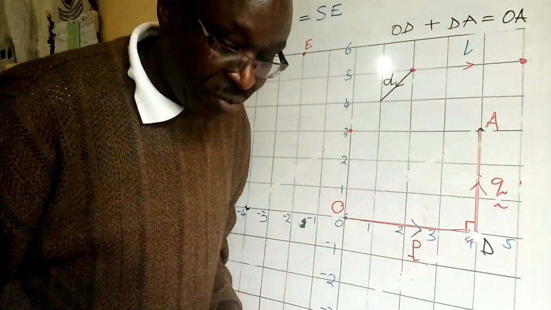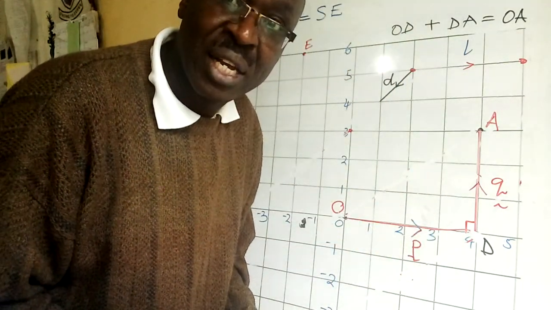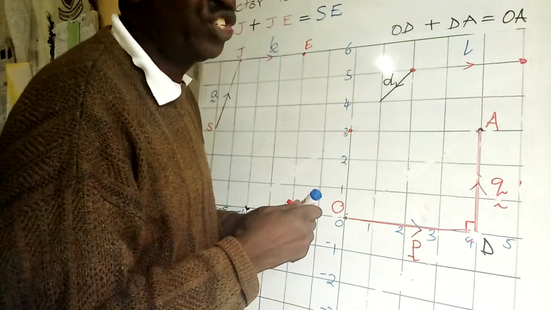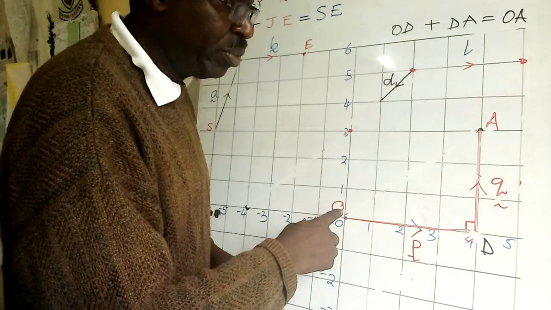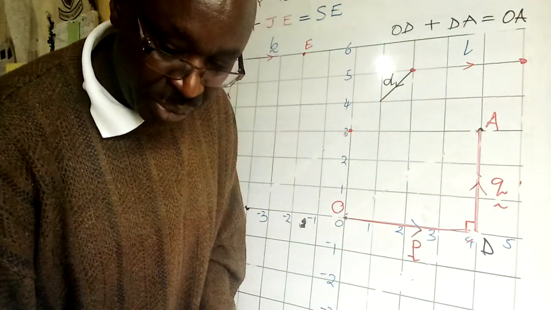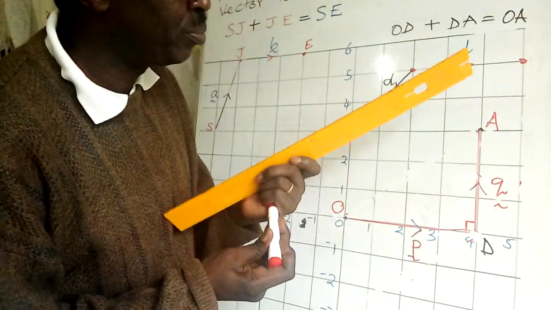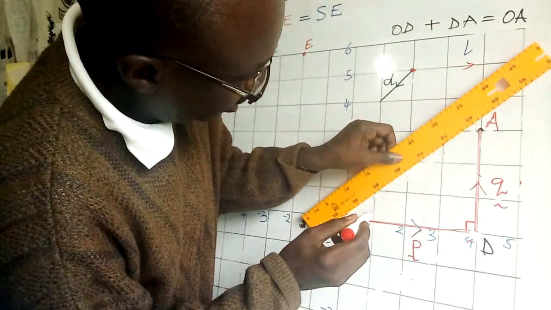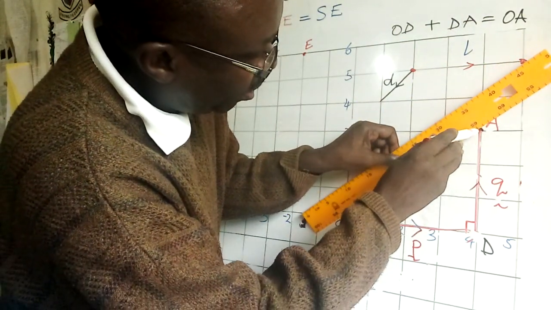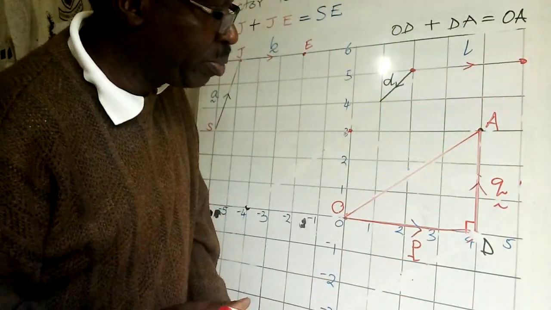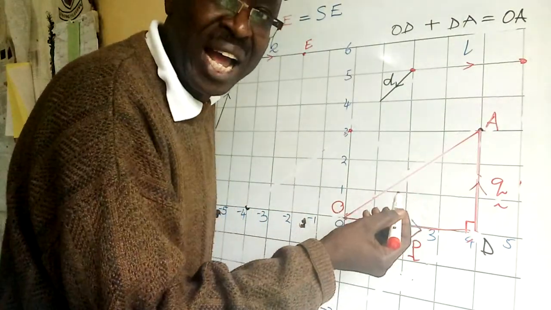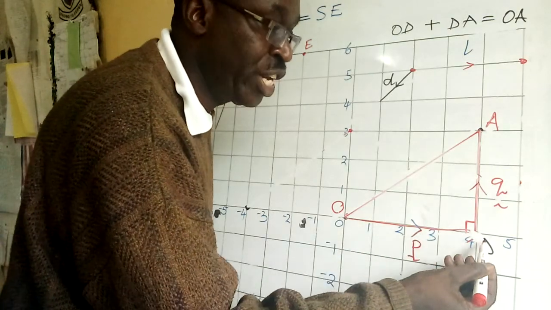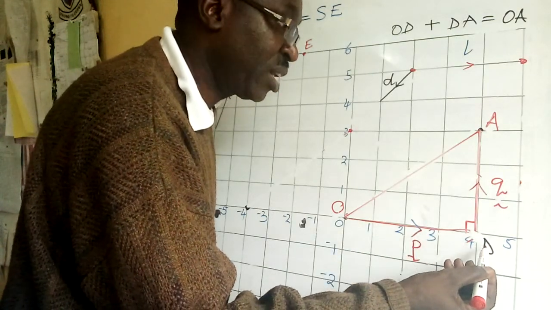Now, if I am asked, what is the magnitude of your movement? This being a triangle, this is my movement from O to A by addition of vectors OD and DA.